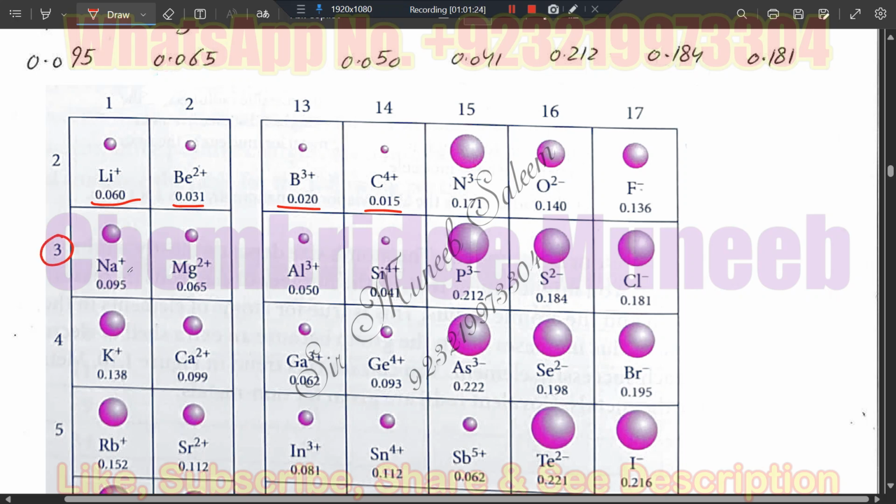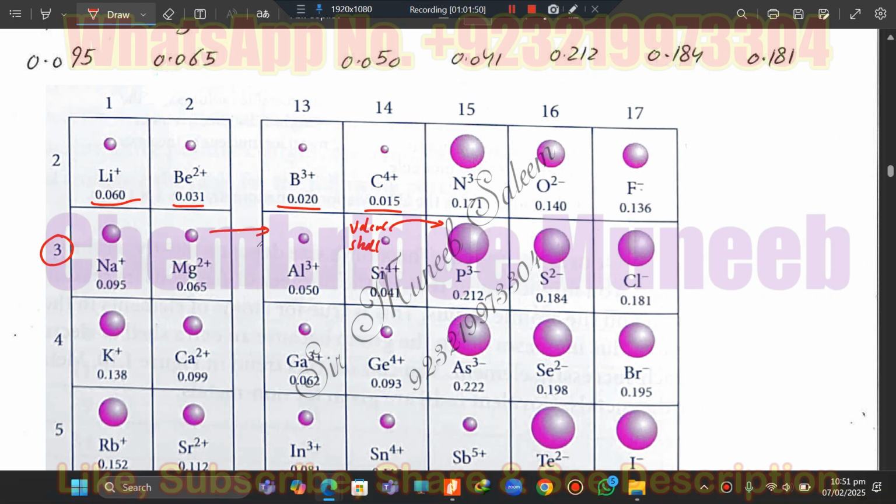This is the period number 3, and you can see clearly that when we switch from positive ion to the negative ion, then there is a sharp increase in the size. The reason is that these cations have lost their valence shell. The valence shell is lost in all of these cations, whereas the valence shell is there for the anions. That's why we see a sharp increase in size while moving from left to right across a period.